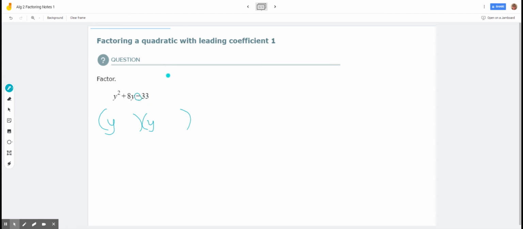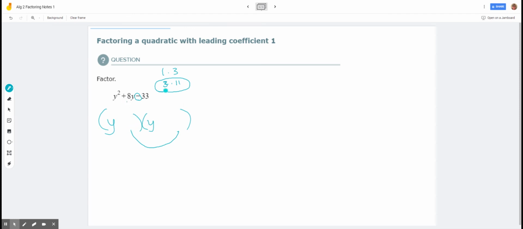We're looking for 1 times 33, and 3 times 11. And that's it. Can I get an 8 from 3 and 11? Yes, I can. But I need one of them to be positive and one of them to be negative, because the only way we can get a negative 33 when we multiply is if one of them is positive and one of them is negative.